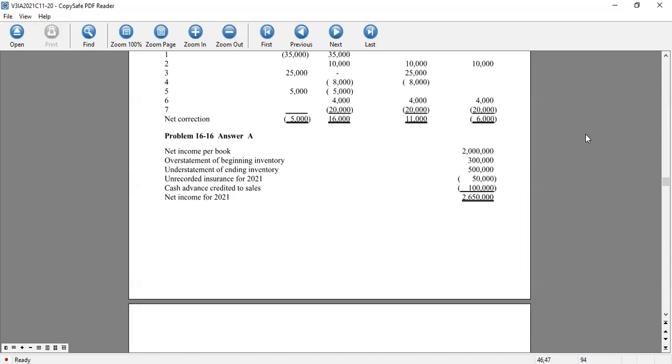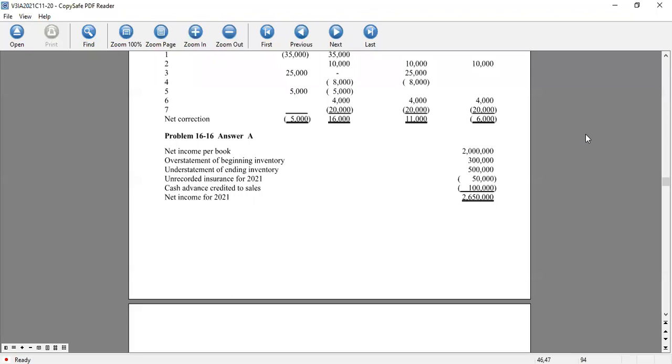With the understatement of the ending inventory for 500,000, if the ending inventory is understated, cost of goods sold was overstated. So net income was understated. We have to add back. Then we have the unrecorded insurance for 2021.